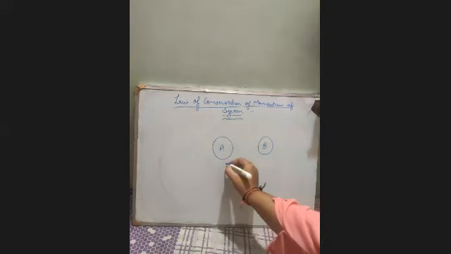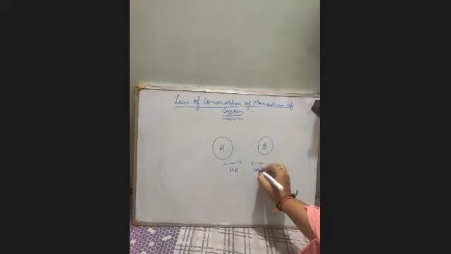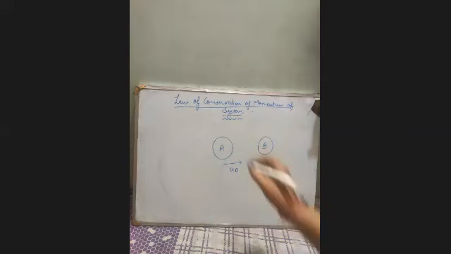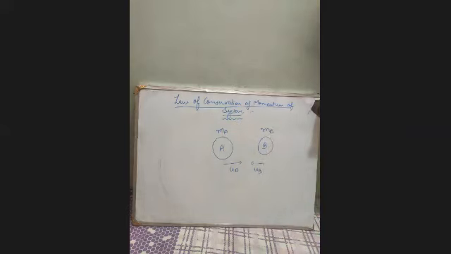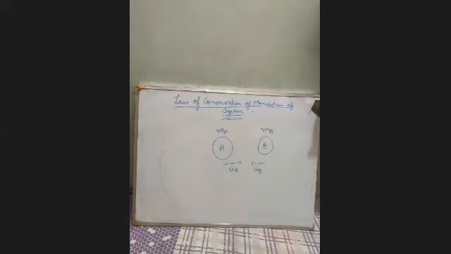Object A is moving with velocity UA, and object B is moving with velocity UB. Object A has mass MA, object B has mass MB. Before collision, they are moving towards each other, so this is the case of before collision.